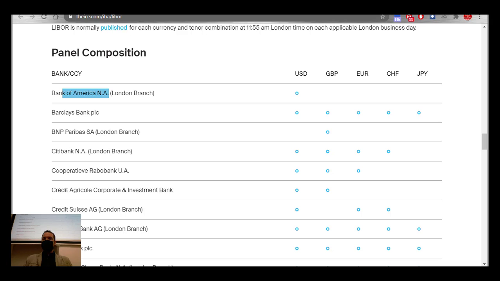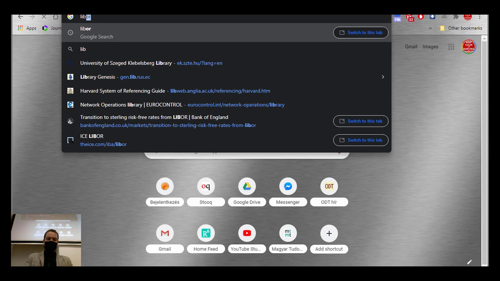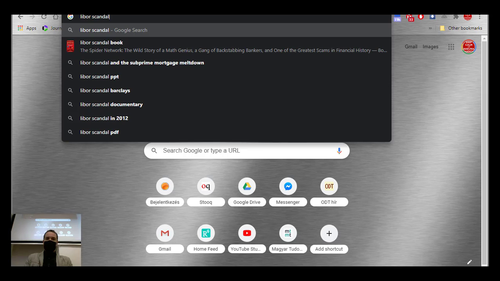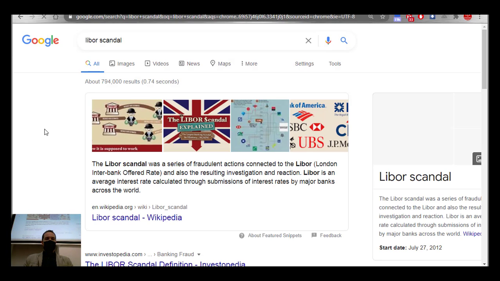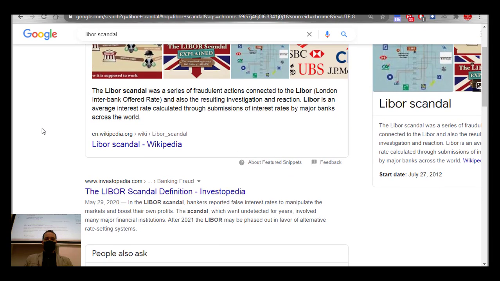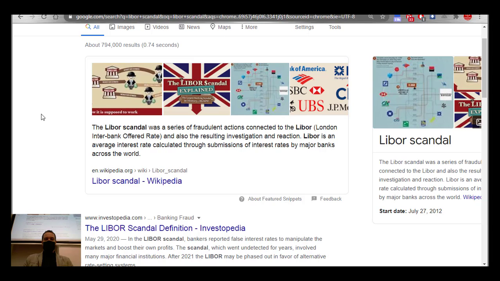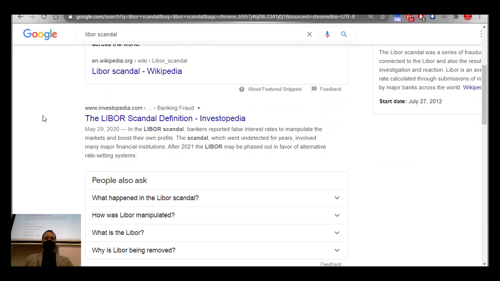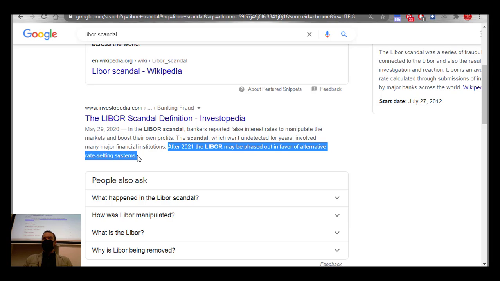But if you are typing in Libor scandal, actually we can see some nice information about that. And still, actually, people are saying, so it also says Investopedia that in the next year, LIBOR may be phased out in favor of alternative rate setting systems, but they're always saying something like this.